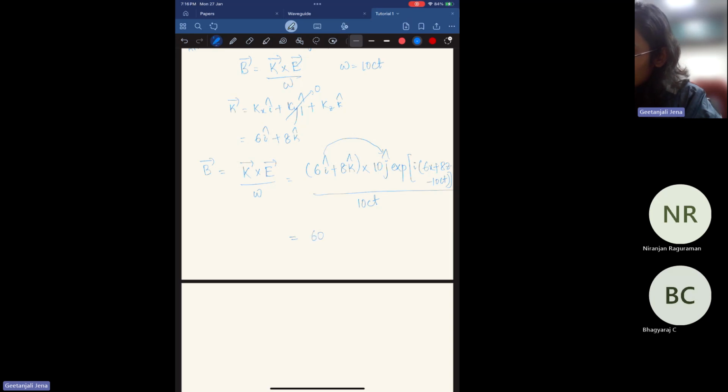So this is 6 k cap, and k cross j is minus i, so you will get minus 8 i cap.